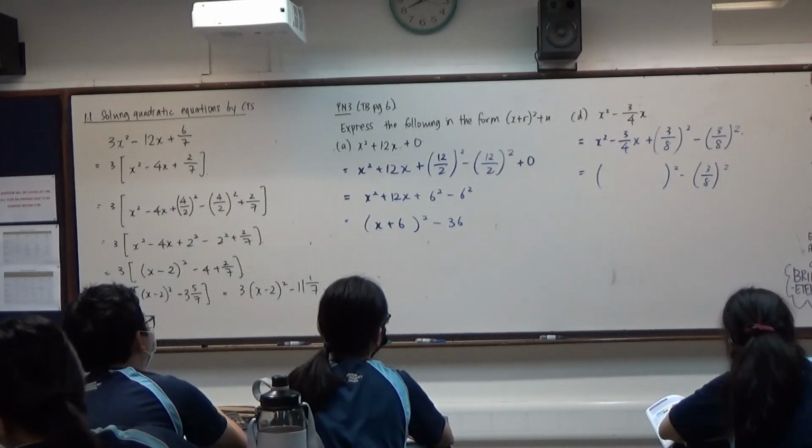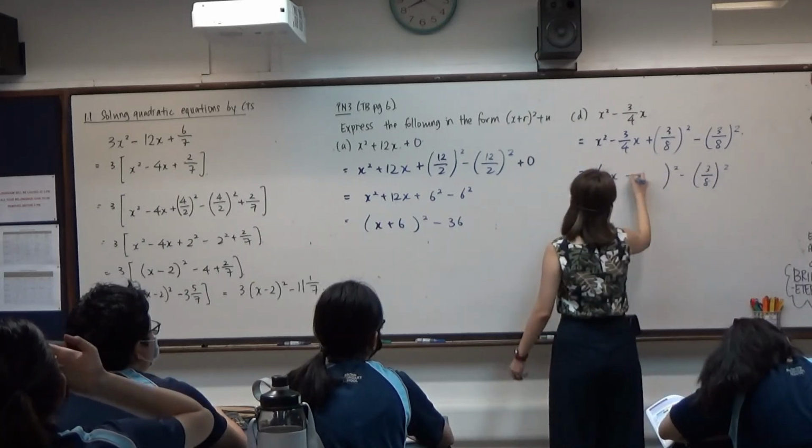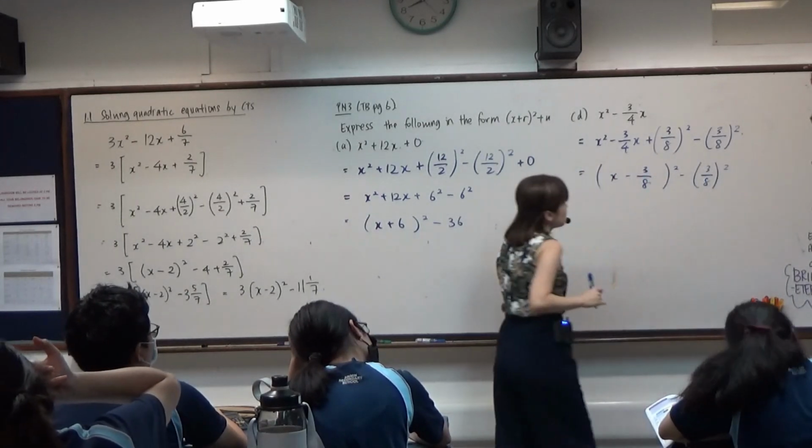And then what will we get in our brackets in the end? X minus 3 over 8. We must simplify our answer.